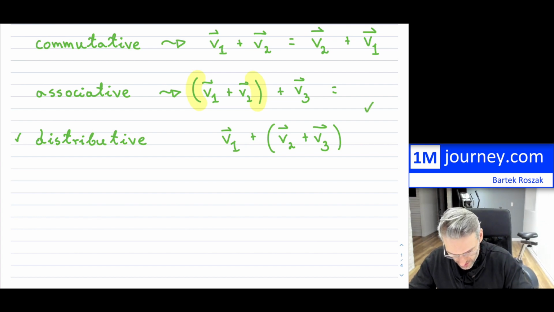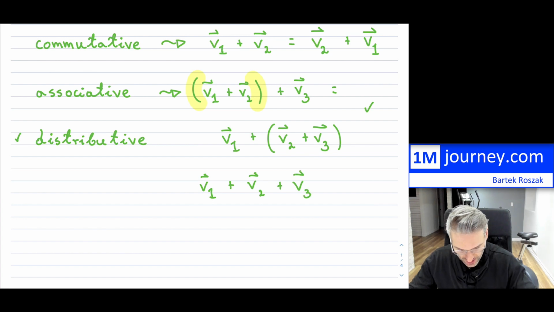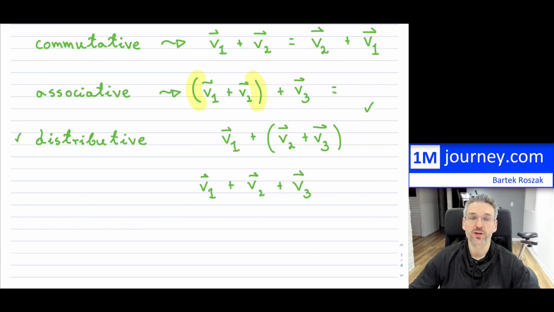Now, where this comes into play is, for example, if you're going to have three vectors which are added together, or more, like this, then it doesn't matter what you're doing in terms of the associative property. It doesn't matter where you start.